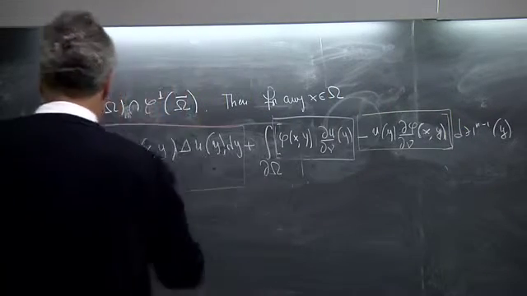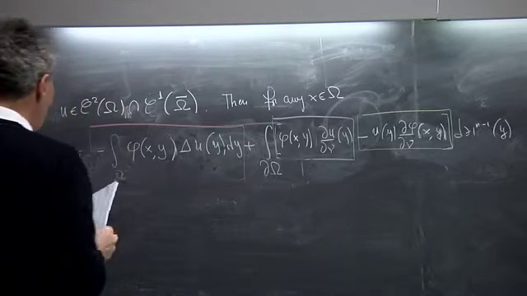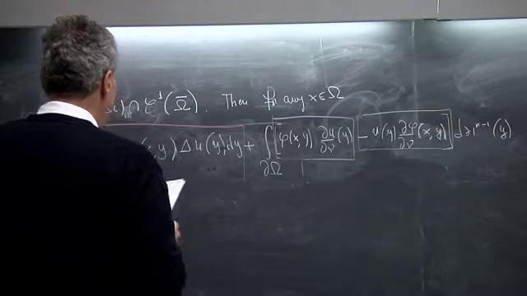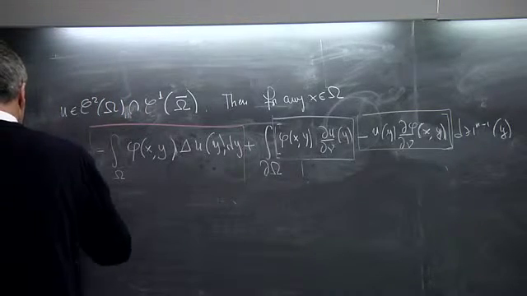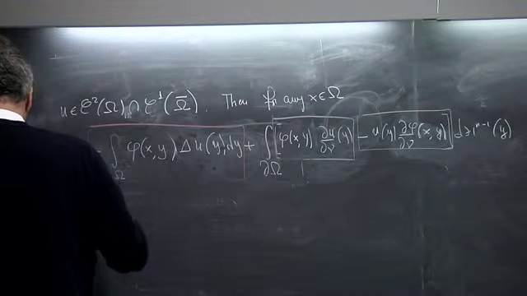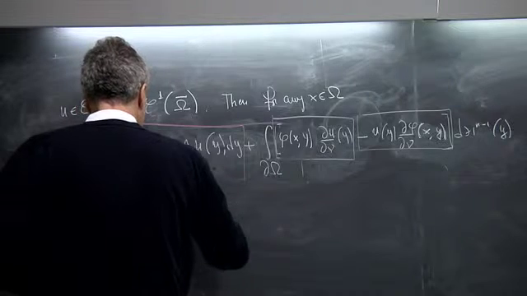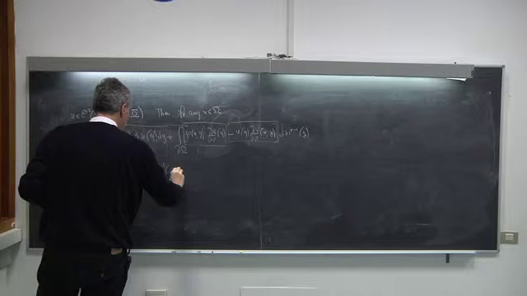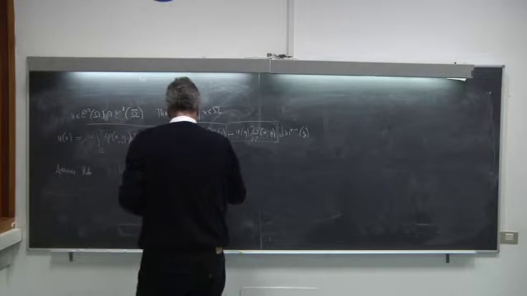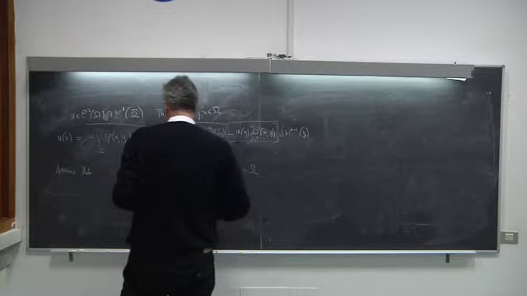Okay, now let me work a little bit on this and assume that h, let me call it h, in C2 of omega intersection C1 of omega bar, is harmonic in omega.